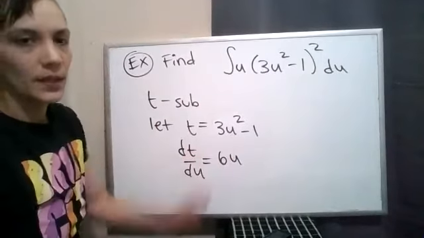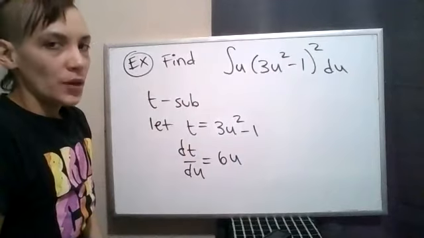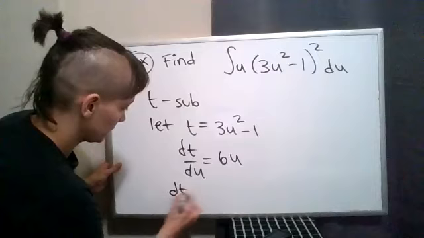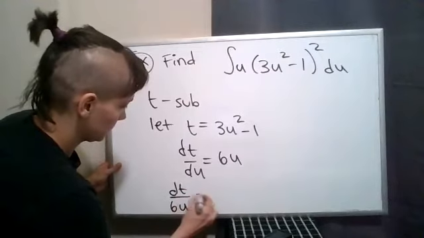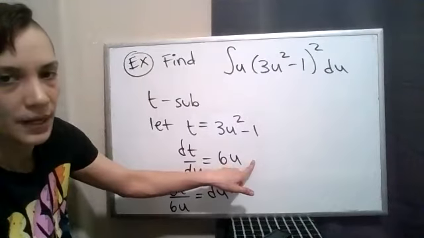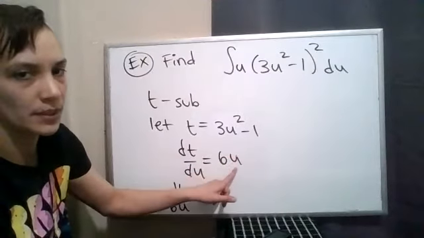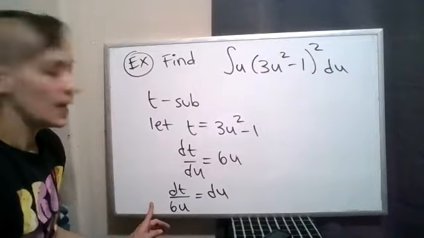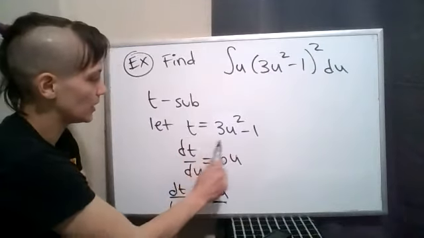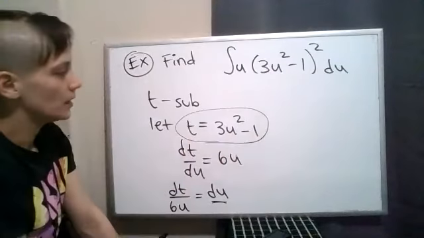So 6u. Solve for du. Multiply both sides by du, divide both sides by 6u, and then replace du and replace that, do that substitution you want to do.